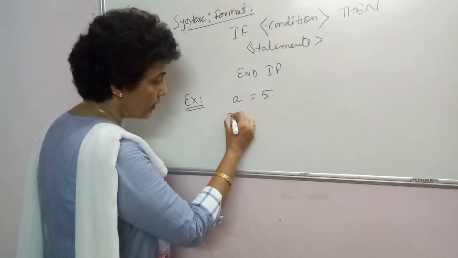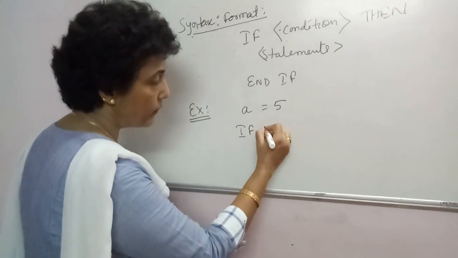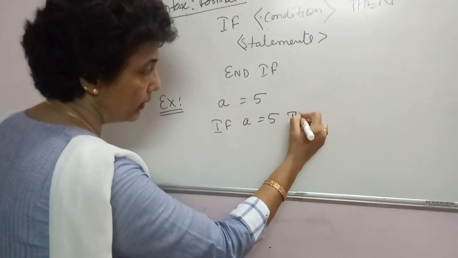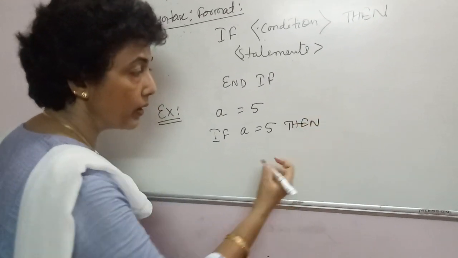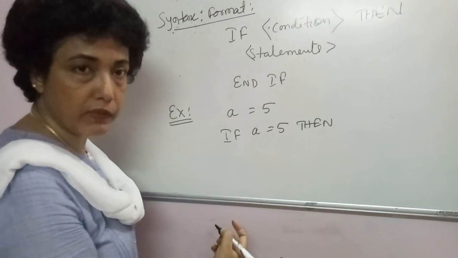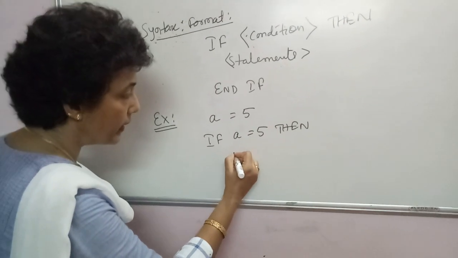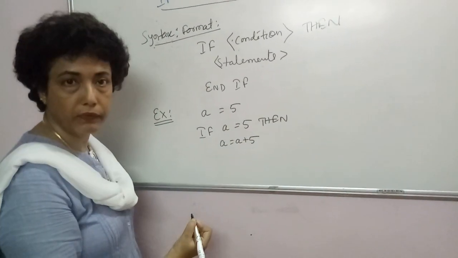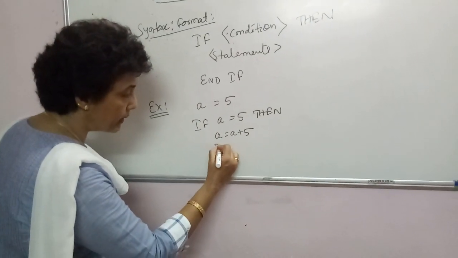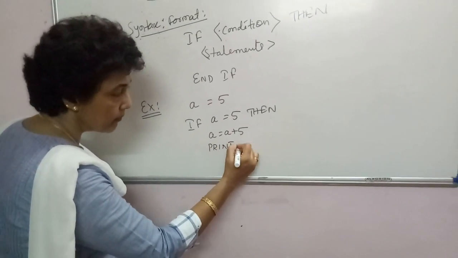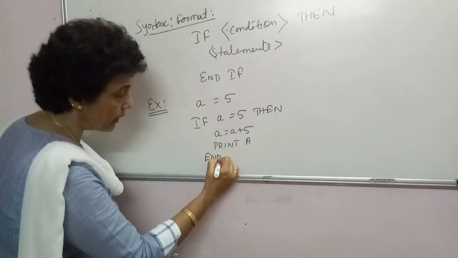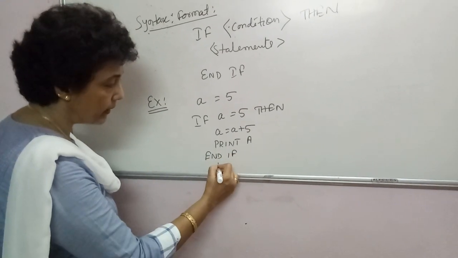That means I'll write if a equal to 5, then 5 more will be added to this variable a. So what will I write? a equal to a plus 5, right? And then print a. I have to end this with the end if statement and end.